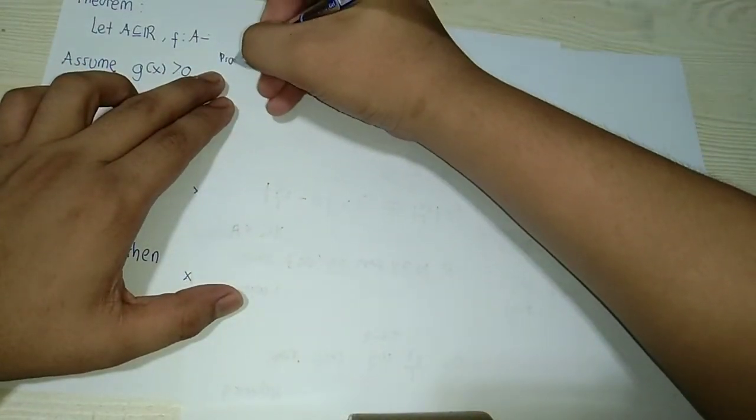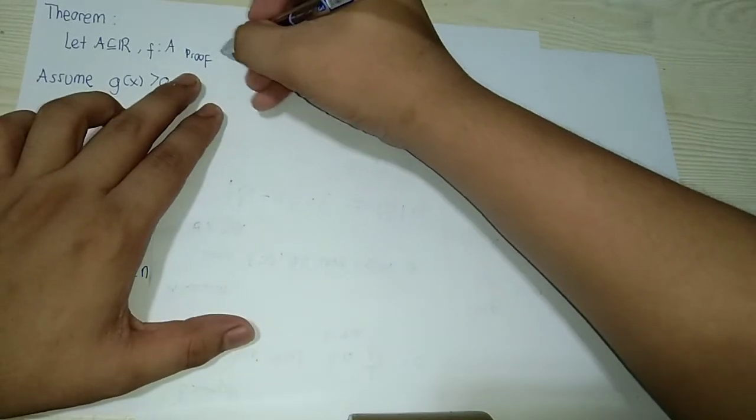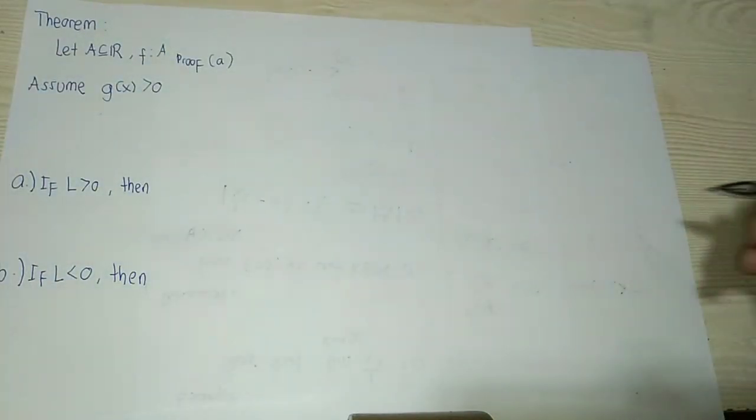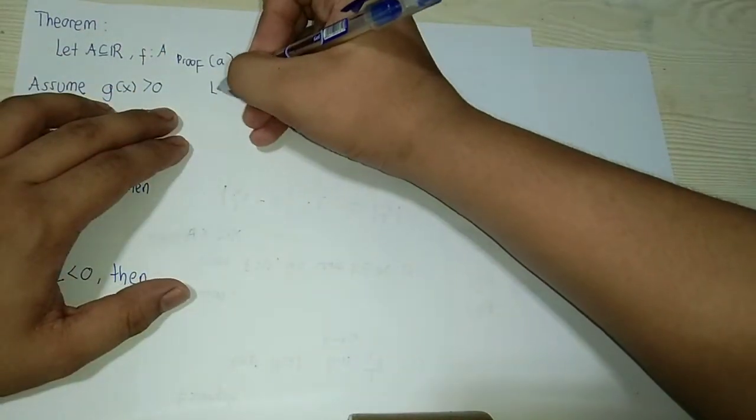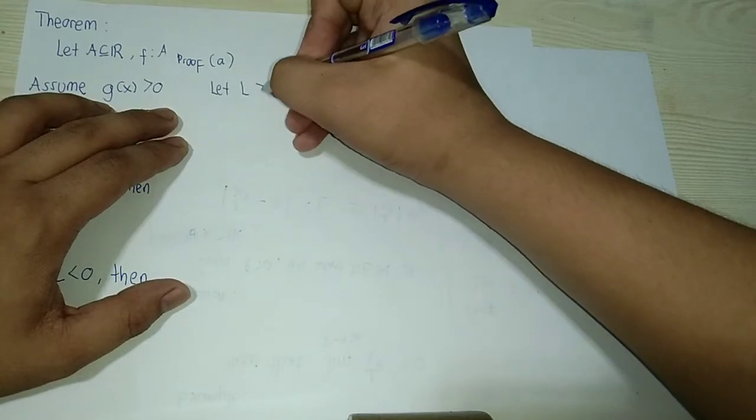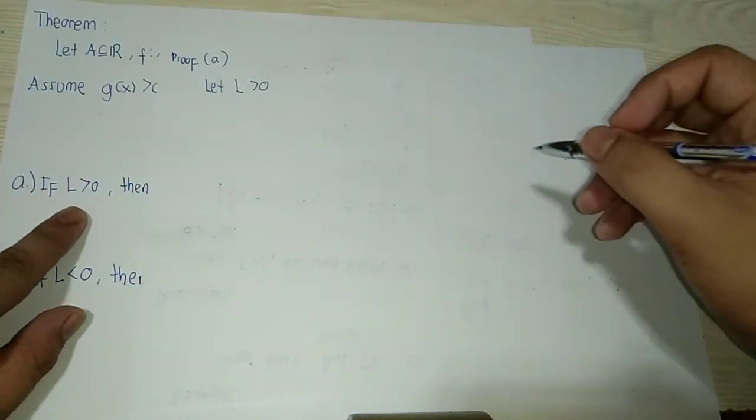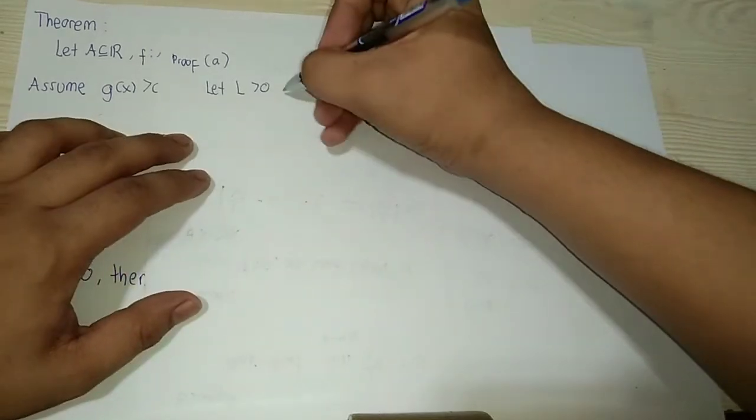So, proof for letter A. Okay? Let L be greater than 0. That is the first hypothesis.